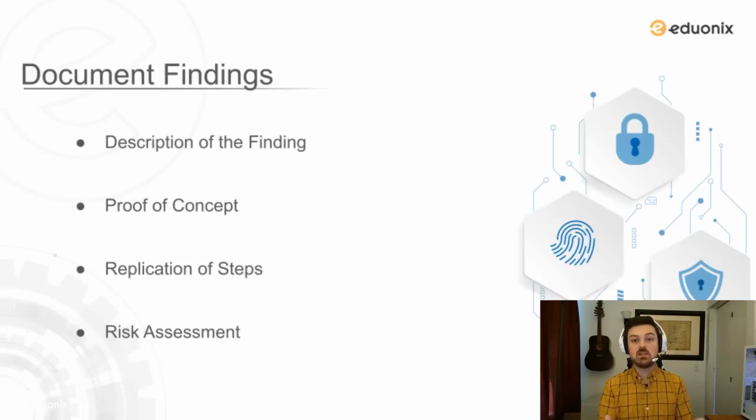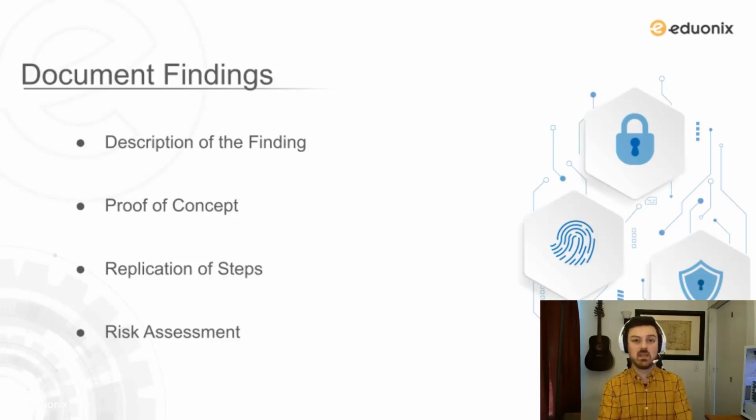So when documenting findings, precision is key. Each finding should include a clear description, what the vulnerability is, and the test that you actually did for that vulnerability. So what tool did you use? What are the results? And then it's very important to include a proof of concept or evidence of that.